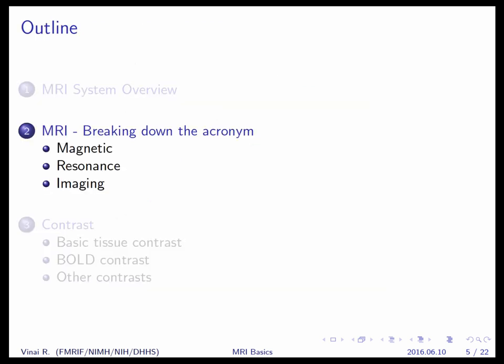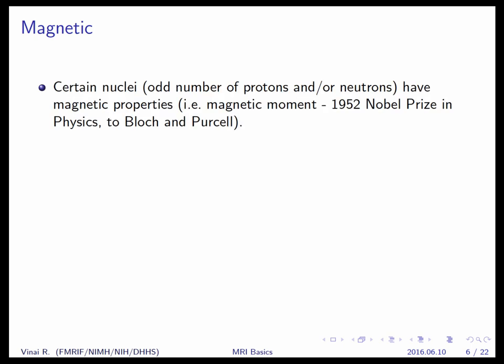Okay, so let's get into the acronym. So obviously, at the center of it, we have a really big strong magnet. And I think all of you have had safety, so you know just how powerful this magnet is. Why do we need this? Well, it turns out that certain nuclei have magnetic properties.